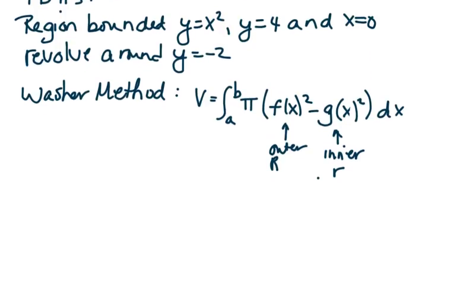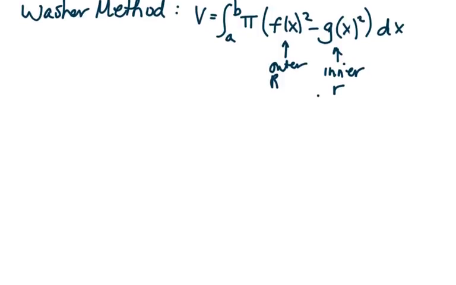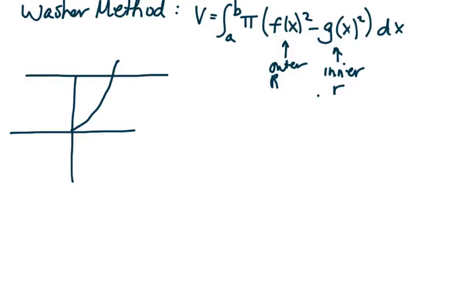So let's draw out this problem first and look at the region that we're revolving about, the line y equals -2, and that's the parabola. And here's the y equals 4 line. And you're bound by x equals 0. So you're looking at this region here. And the line that we're going to be revolving about is y equals -2.